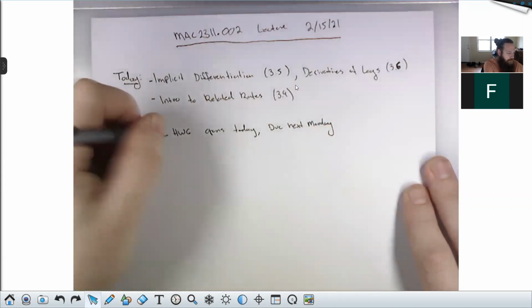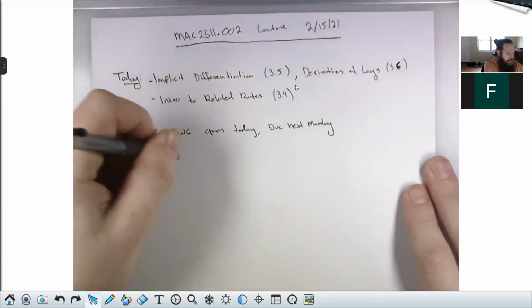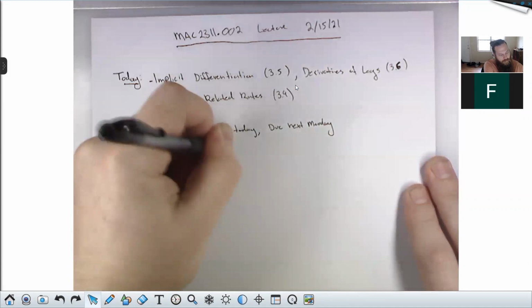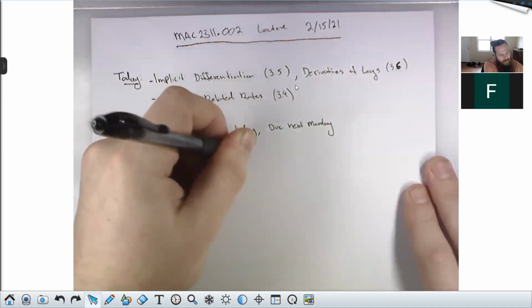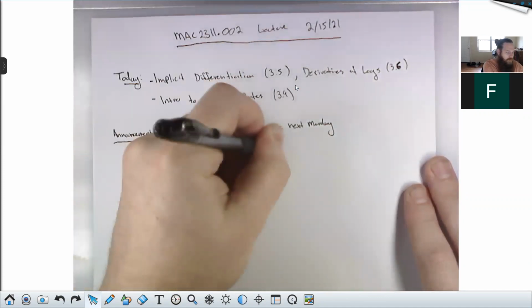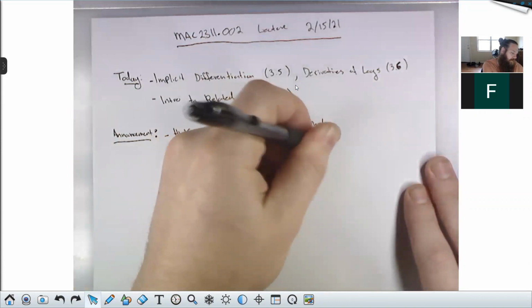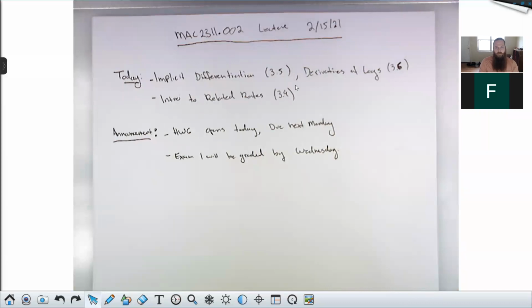And your exam 1 grades will be out by Wednesday. I'm shooting to have them done by the start of class on Wednesday, but it's possible that I'll need that afternoon to finish them up. It depends on how other things go. Are there any other announcements? Can't think of anything off the top of my head.